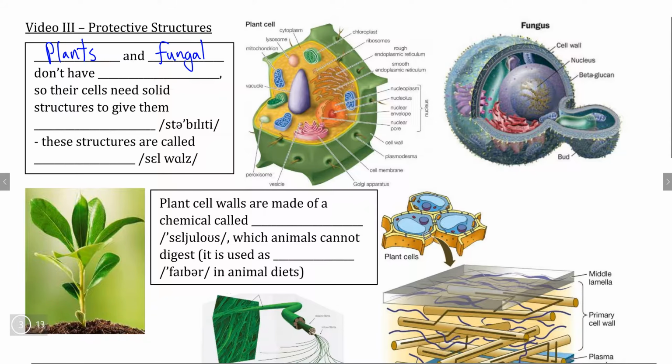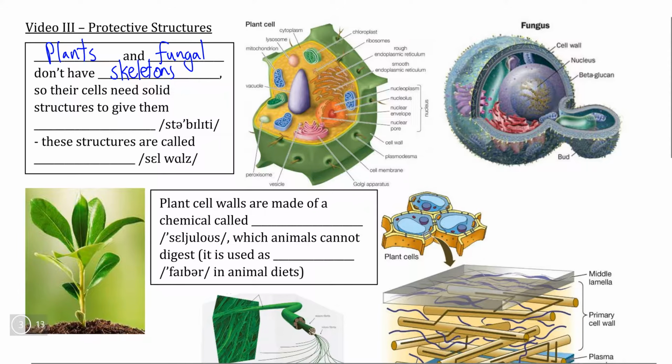Now, what plants and fungi have in common that makes them different from animals is that unlike animals that have a skeleton of some kind, so humans have their skeleton on the inside, that's our bone structure, and arthropods such as insects, arachnids, and crustaceans actually have an exoskeleton that is found outside of their bodies, plants and fungi do not have any skeleton of any kind.